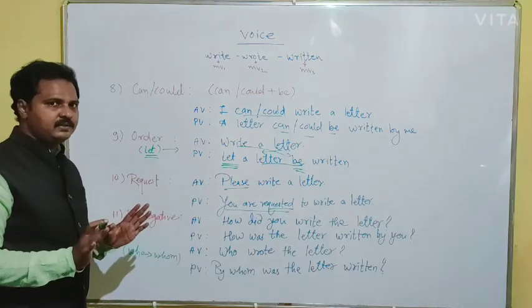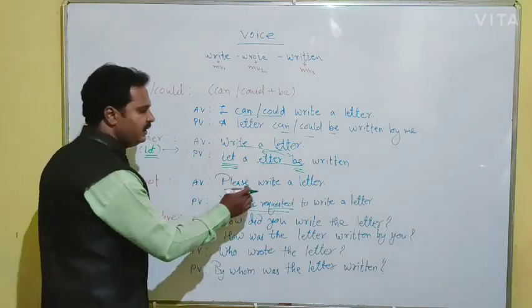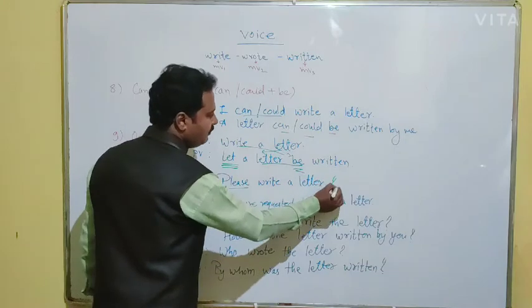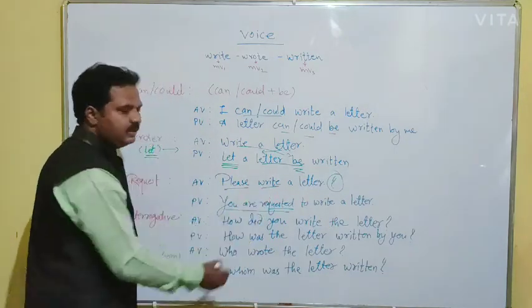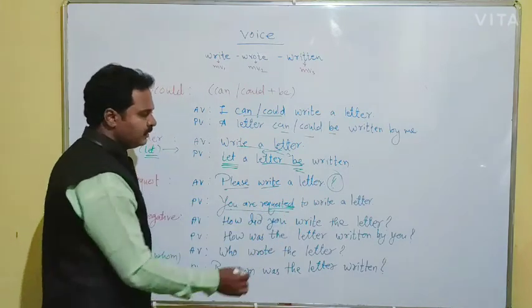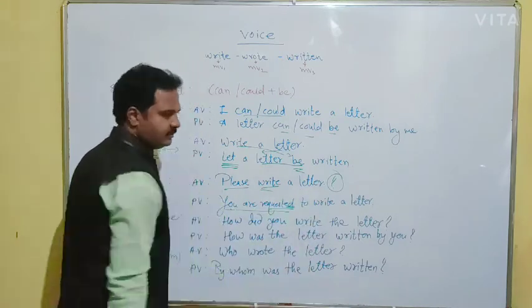Some difference is there, but make sure that the same form is there. You are requested because we don't know who is there. Present tense: you are requested. Third form is there. We are requested to write a letter.